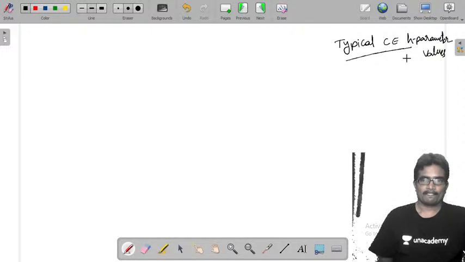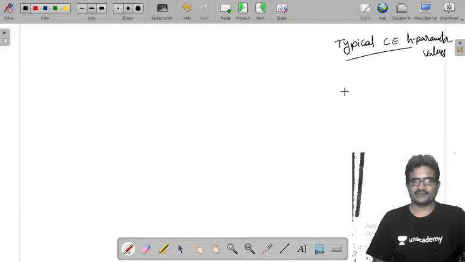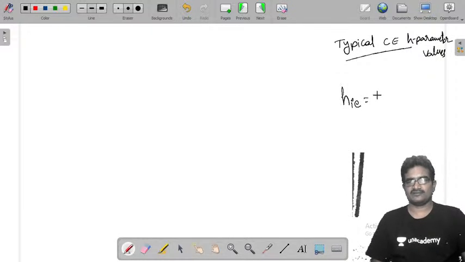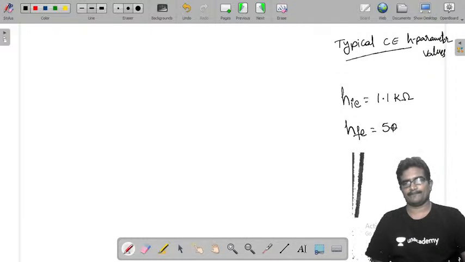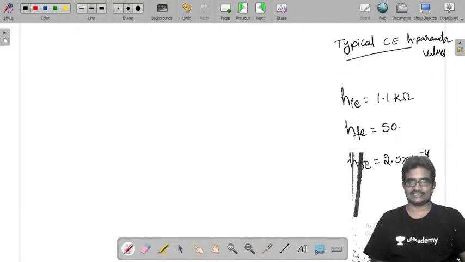Now, typical H parameter values are: HIE input impedance is 1.1 kilo ohm. HFE forward current gain is 50. HRE reverse voltage gain is 2.5 into 10 power minus 4. Sorry, HFE, HRE both are gains, that's why no units, unitless.